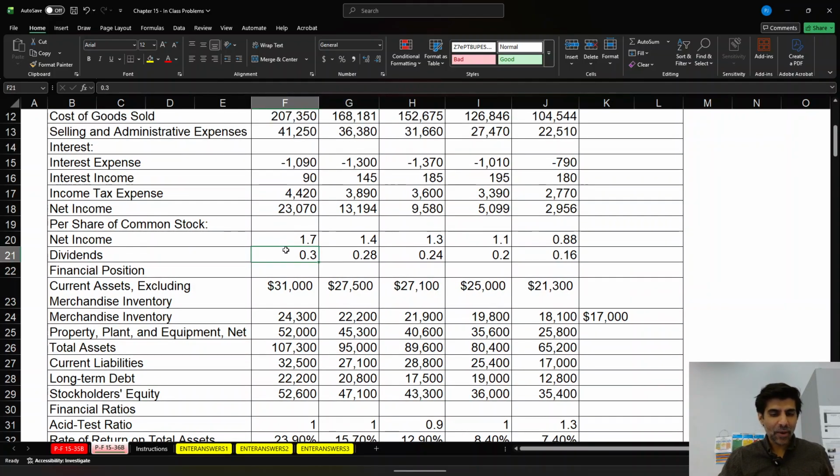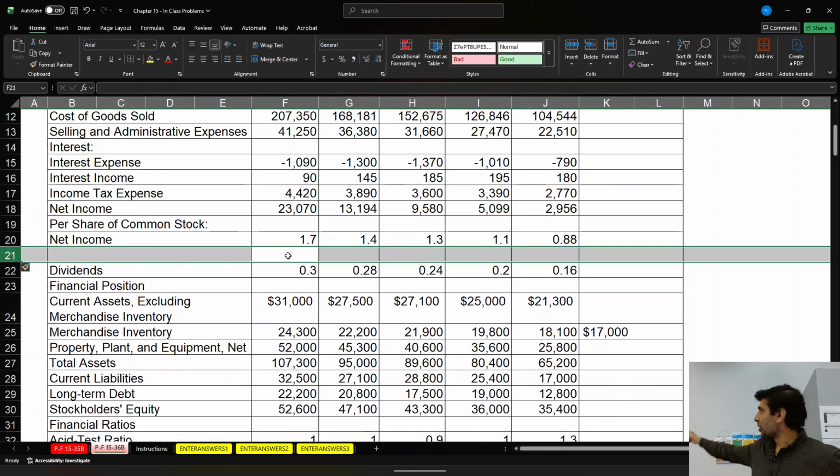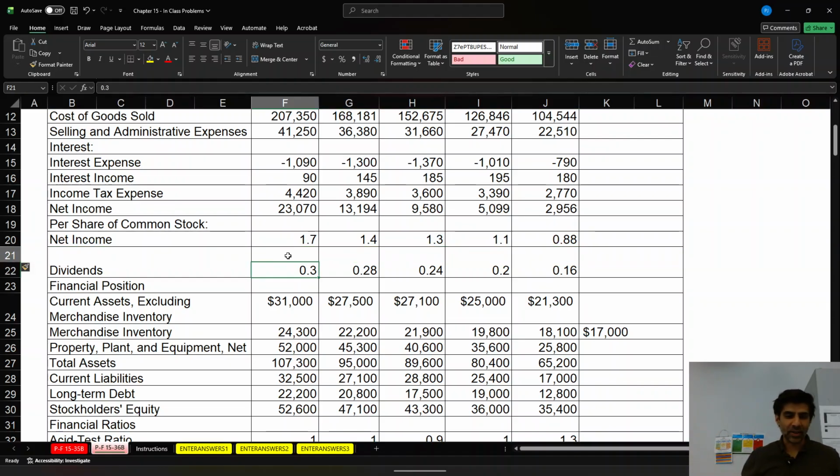Actually, I was wrong. I think, Ella, I told you the wrong thing. I think you just have to use these numbers. So this formula is right: net income divided by the number of shares equals earnings per share, but this denominator is the weighted average number of shares outstanding.